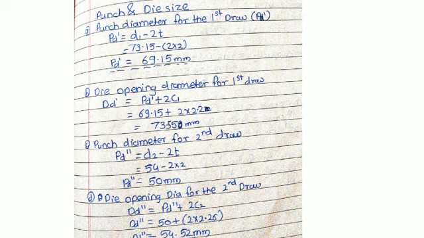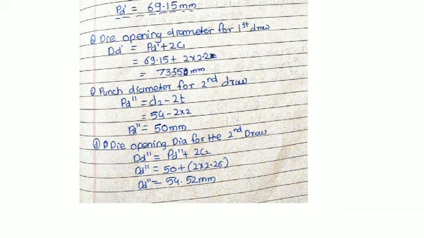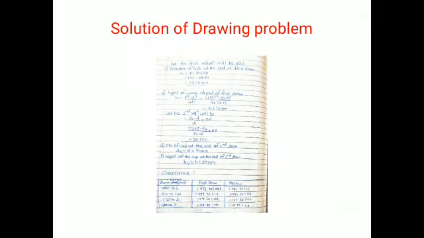And next, the die opening diameter for the second draw, DD2, is equal to PD2 plus 2 into C2, where PD2 is 50 millimeters, plus 2 into C2, which we have taken as 2.26 millimeters. Therefore, the die opening diameter for the second draw is 54.52 millimeters.